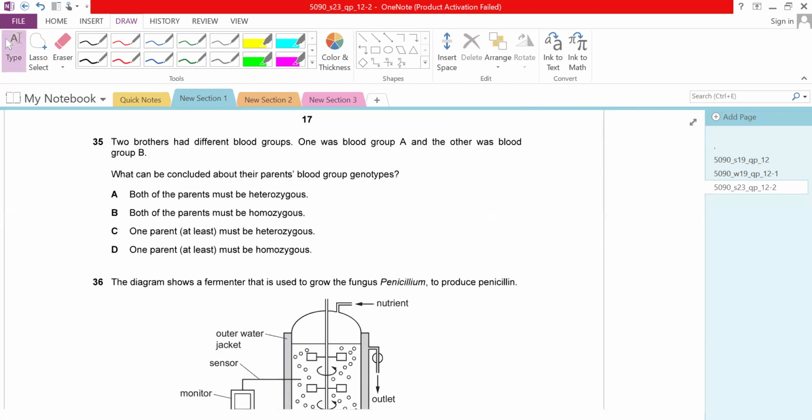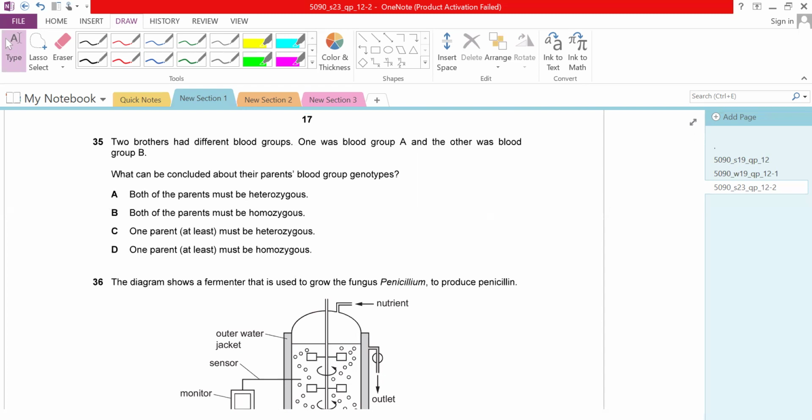Question 35. Two brothers had different blood groups. One was blood group A and the other was blood group B. What can be concluded about their parents' blood group genotypes? Let's read out the options. Both parents must be heterozygous?